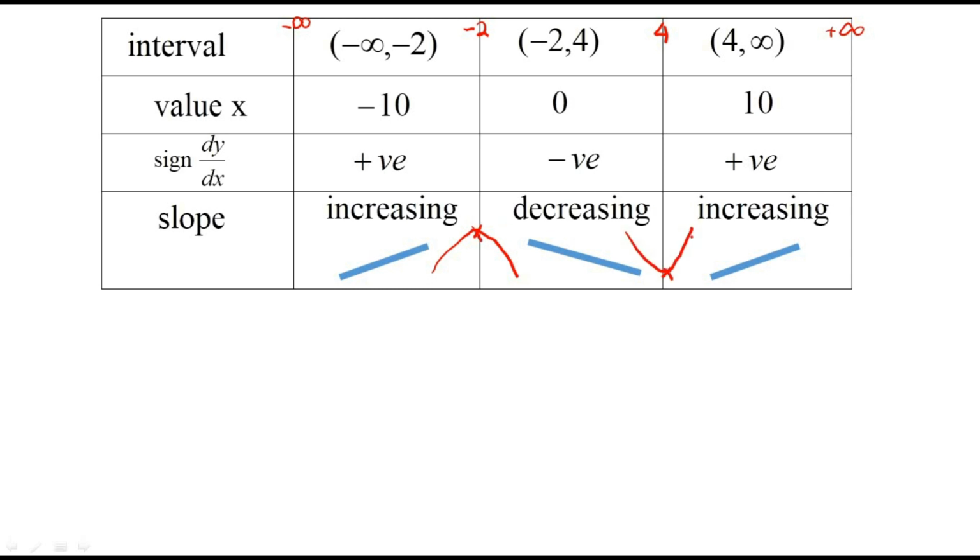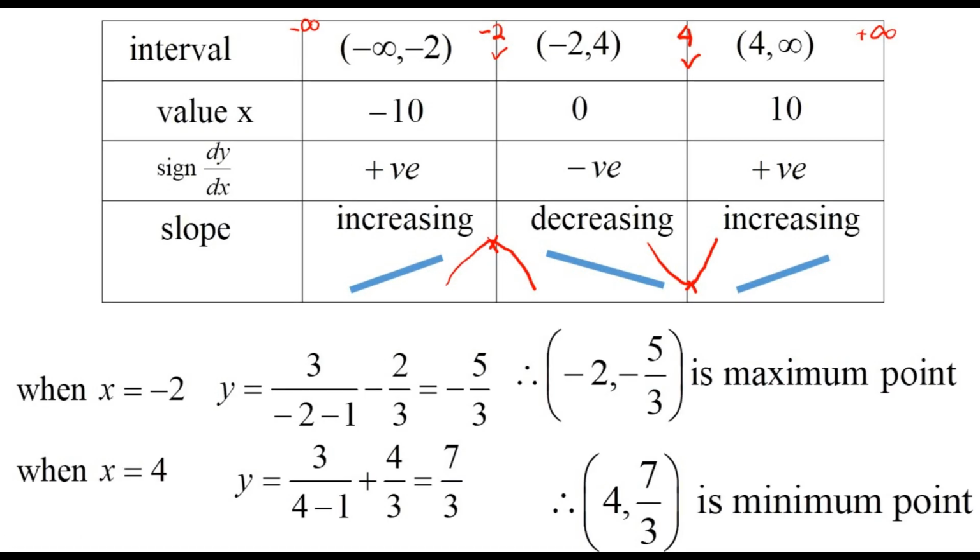Now, we have to consider the coordinates of our critical numbers. When x is equal to -2, we substitute -2 into our y equation and we get the coordinate of y as -5/3. Next, when we substitute x equal to 4 into our y equation, we get y equal to 7/3.